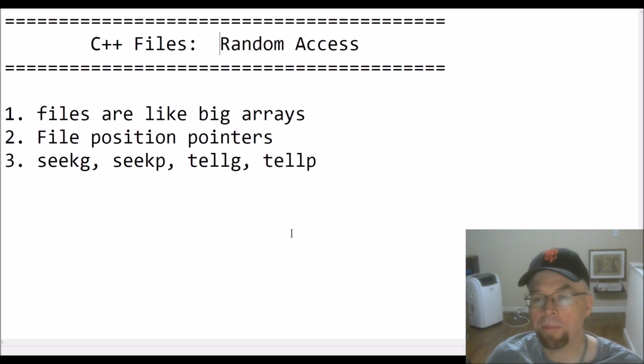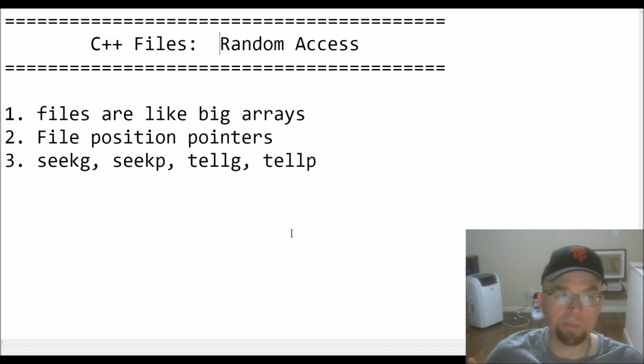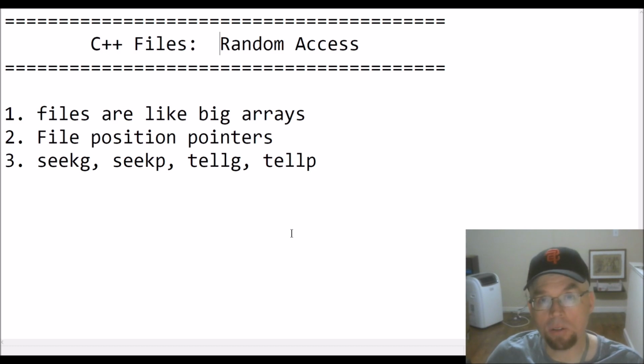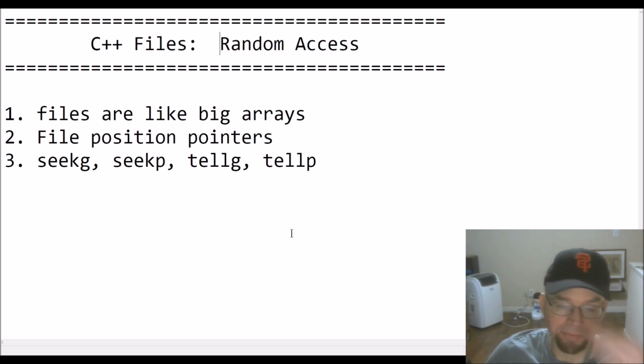And if you open a file for appending, so that you preserve the contents of the file, all you're doing is opening the file with that file position pointer all the way at the end of the file, so that the next write that you do is at the end of the file.